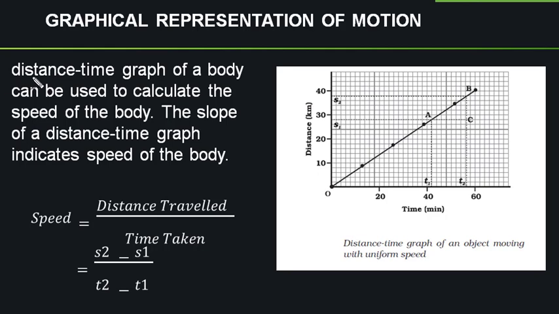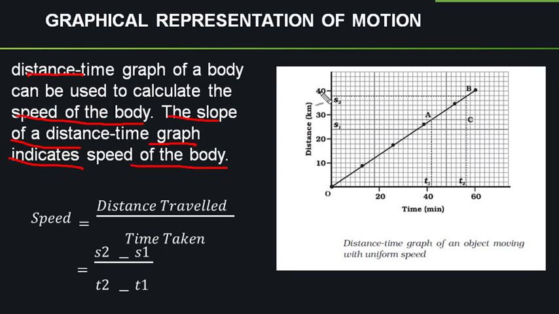The distance-time graph of a body can be used to calculate the speed of the body. The slope of a distance-time graph indicates the speed of the body. So here what we are saying is that from a distance-time graph we can calculate the speed of the body.